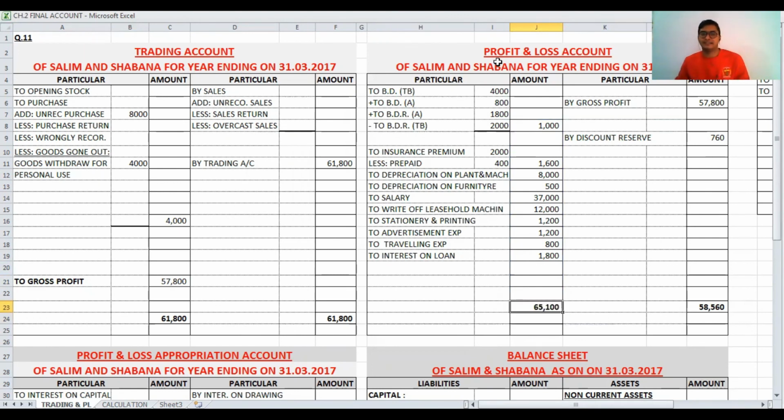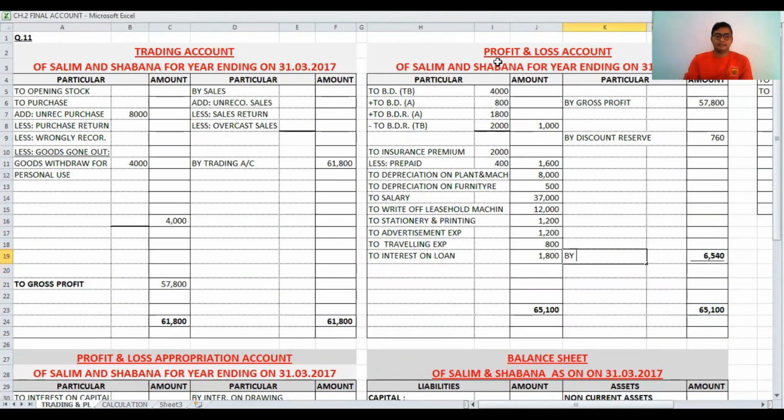Now you can see that the total of the debit side is more than the credit side. So this total we have to record on the credit side, and the difference is called loss: 65,100 minus 57,800 minus 760. So the difference is called loss, by net loss.